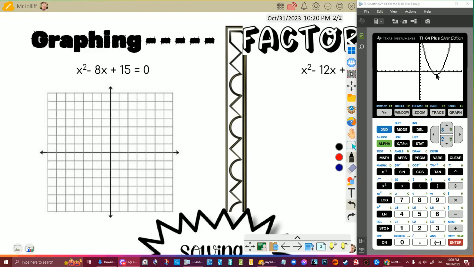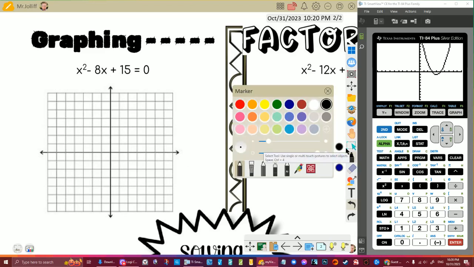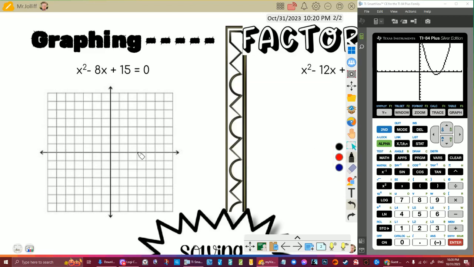I can also see that the vertex is at x equals 4 and y equals minus 1. So that gives me enough information to really quickly sketch my graph. So I'm going to go ahead and do that here and then state my answers. So let's go ahead and mark those important points. We know we have solutions at 3 and 5.